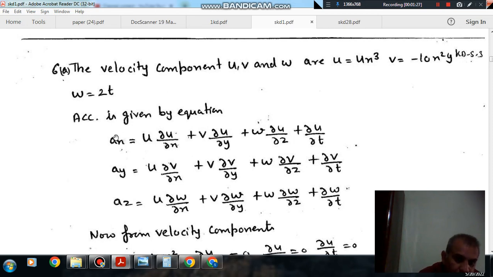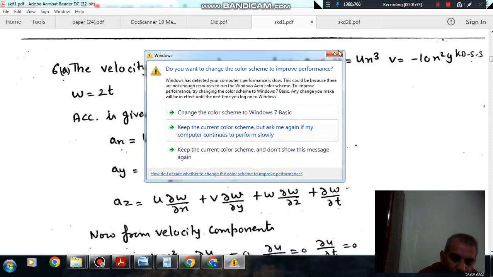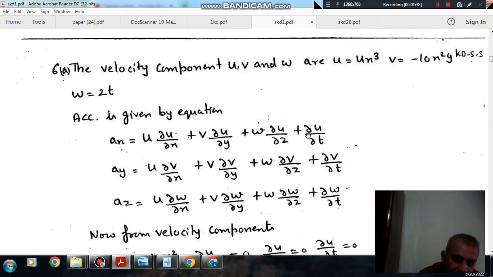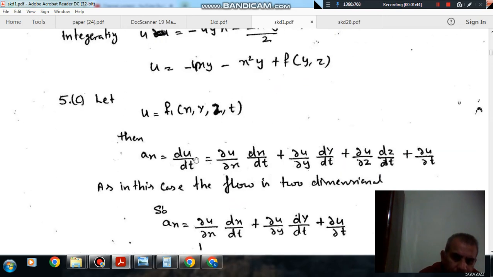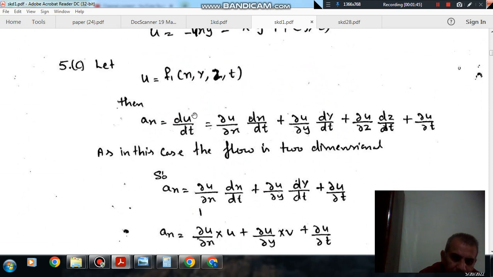Then it is du/dt, or it will be u ∂u/∂x + v ∂u/∂y + w ∂u/∂z + ∂u/∂t. We have tried this in a previous question. By the chain rule, du/dt = ∂u/∂x dx/dt + ∂u/∂y dy/dt + ∂u/∂z dz/dt + ∂u/∂t.